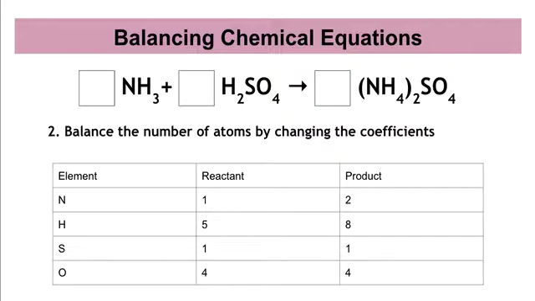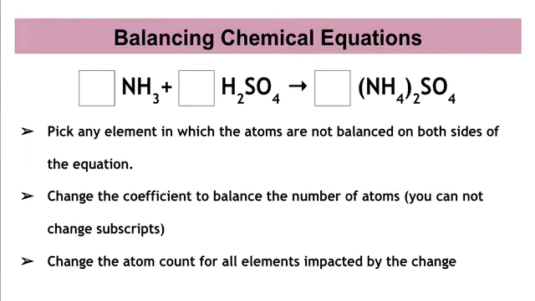I'm going to change the coefficients, which is why we have the boxes here, in order to change the number of atoms of each element. There are some rules to follow here. First, to start doing the balancing, you can start with any element in which the atoms are not balanced on both sides of the equation.